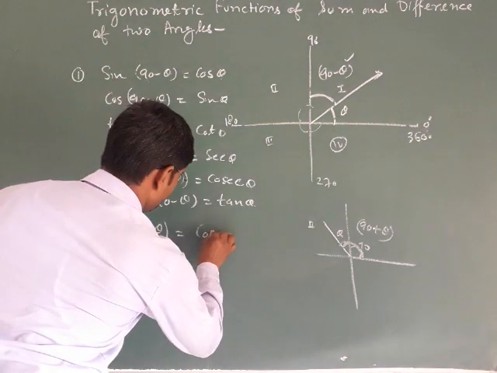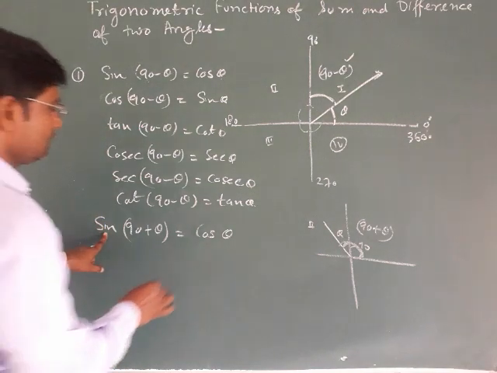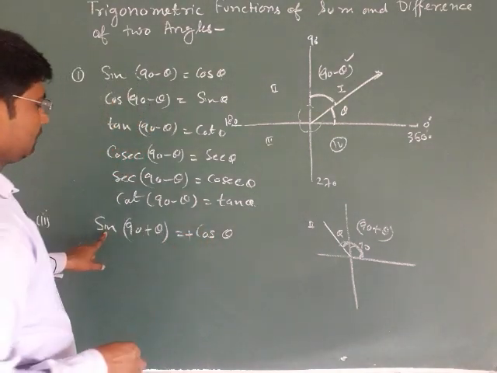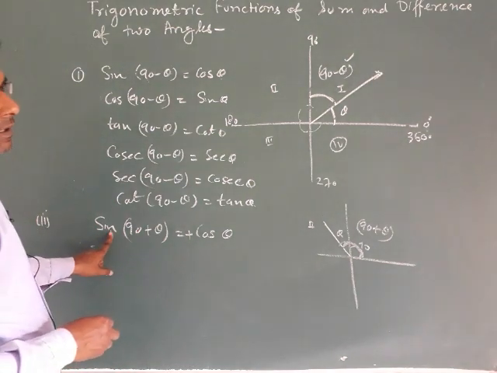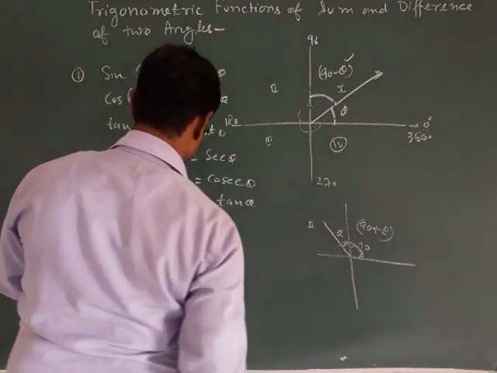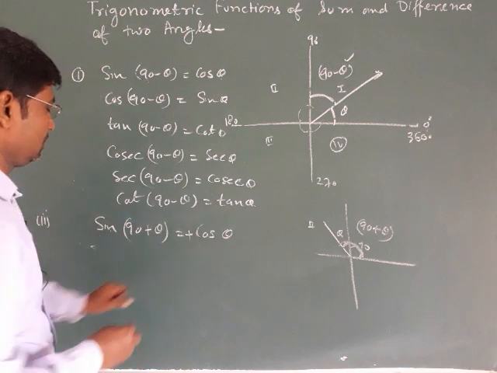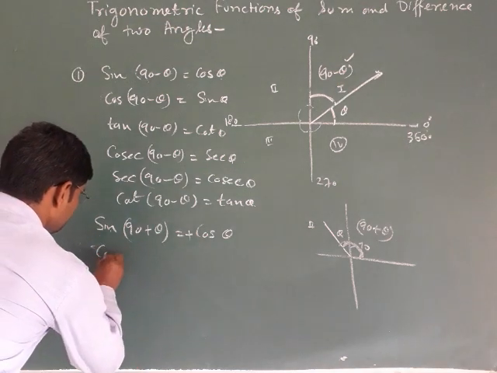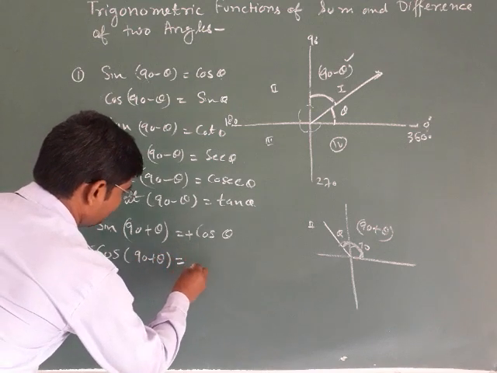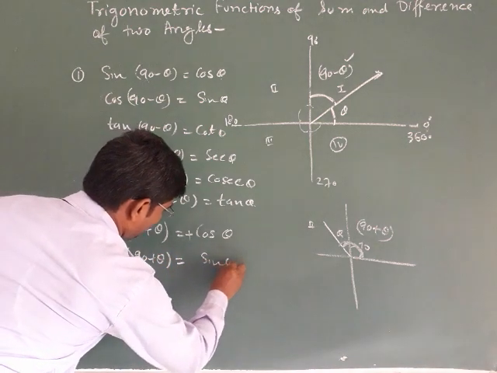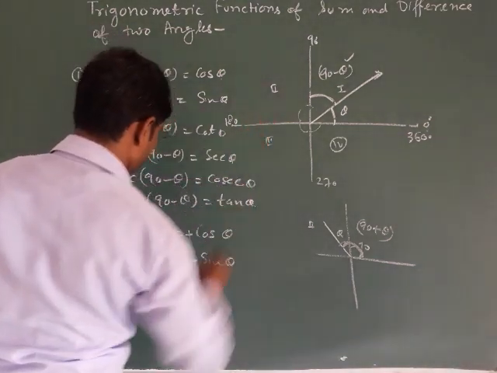The value of sine is positive; sine and cosec are positive in the second quadrant. Cos of 90 plus theta is equal to minus sine theta. The value of cos is negative in the second quadrant.